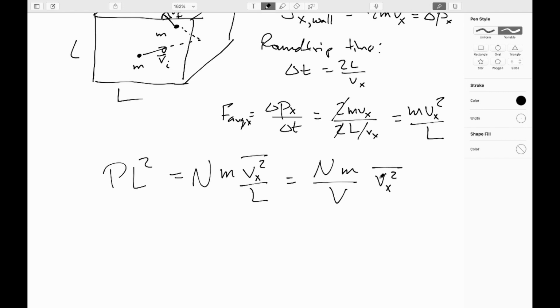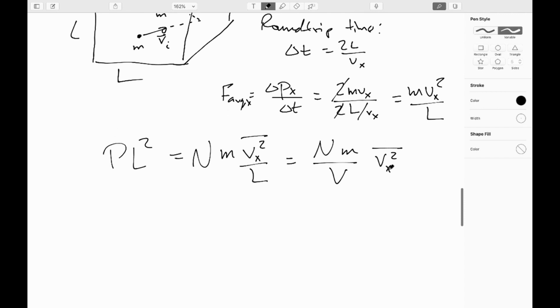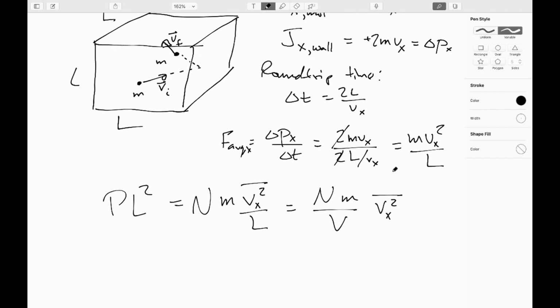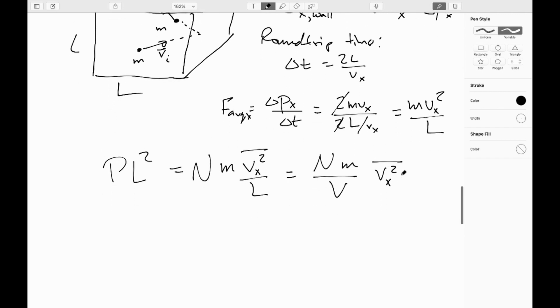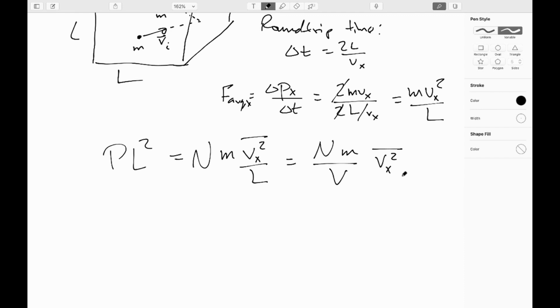Now, there's absolutely nothing special about the x direction here. If I had done this analysis for the y or z direction, I would have gotten exactly the same thing. We say this is isotropy, which just means it's the same in every direction. So isotropy requires that the average value of Vx squared equal the average value of Vy squared equal the average value of Vz squared.